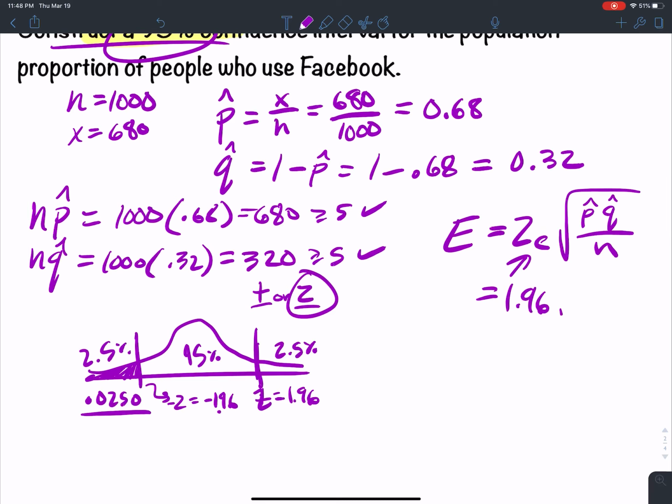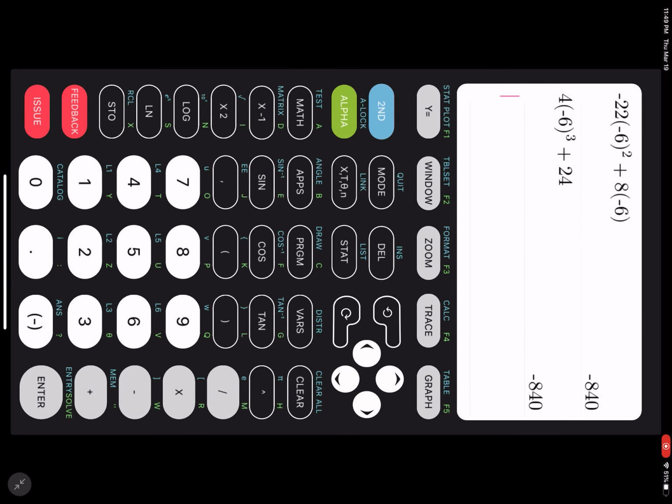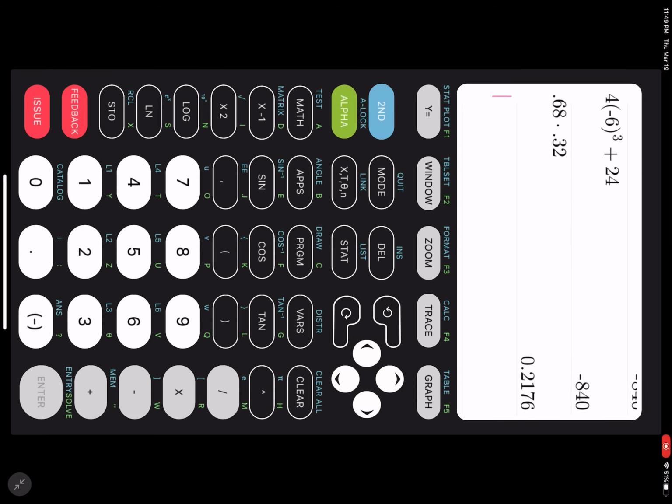So I've got p hat, which is 0.68, times 0.32 divided by 1,000, all of that square rooted. You need to be careful when you're doing this in your calculator. I would suggest doing the inside of the square root first: 0.68 times 0.32 divided by 1,000, and then take the square root of that.